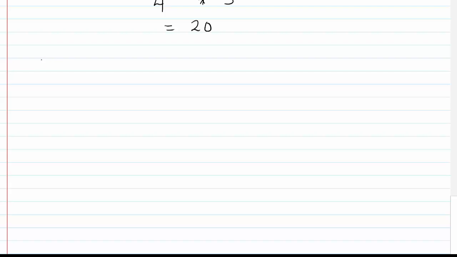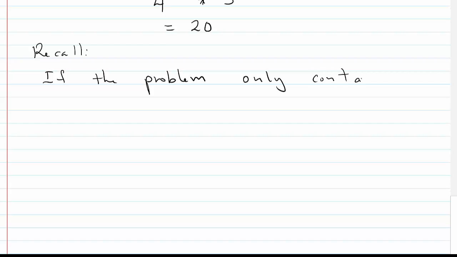So recall that if the problem only contains multiplication and division, we work from left to right.